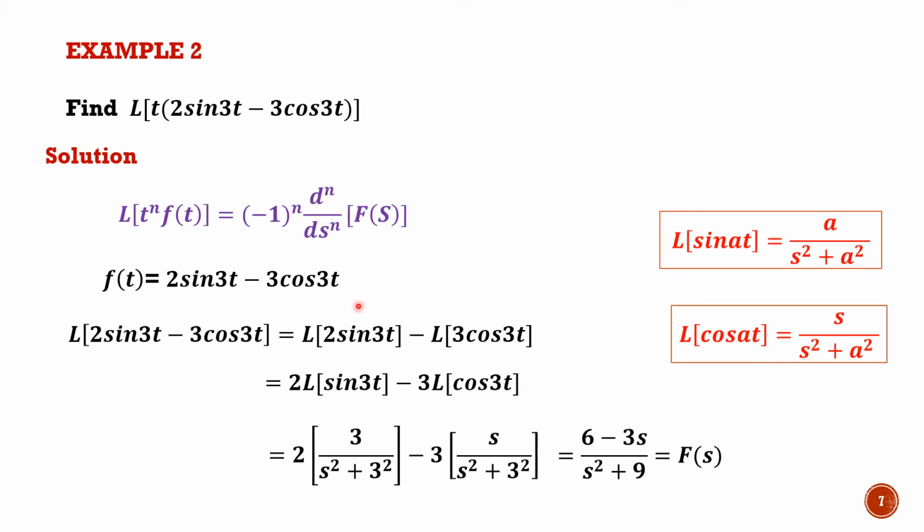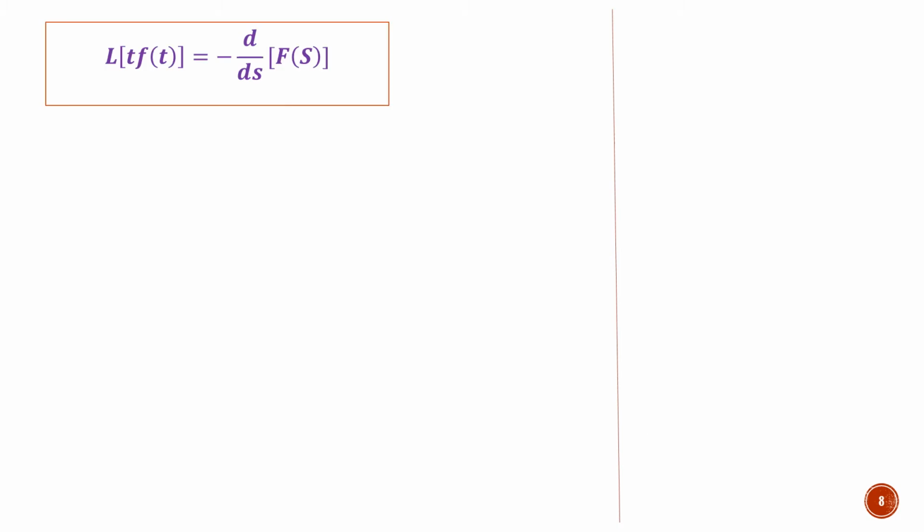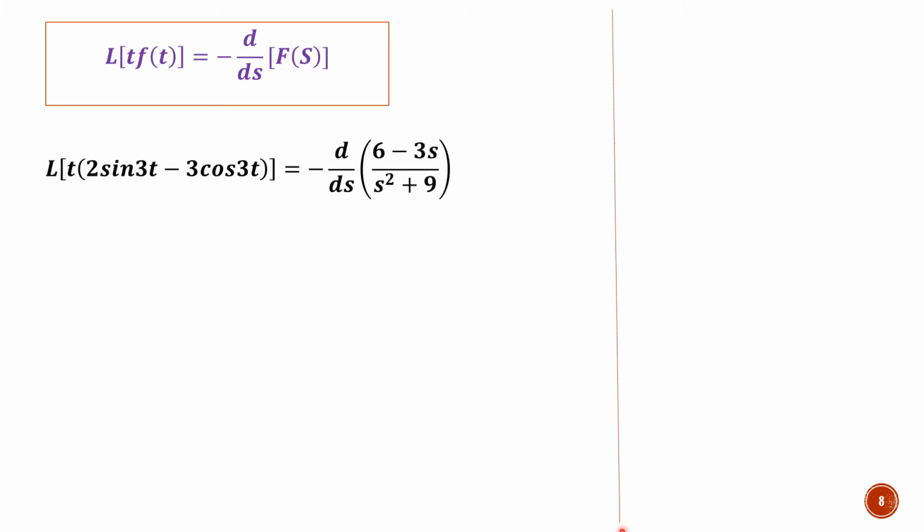So now we have L of 2 sine 3t minus 3 cos 3t as 6 minus 3s upon s square plus 9. So differentiating, t multiplied by it is minus d by ds of 6 minus 3s upon s square plus 9.